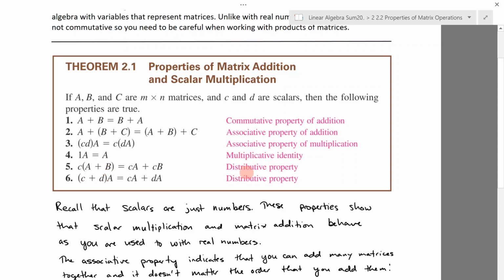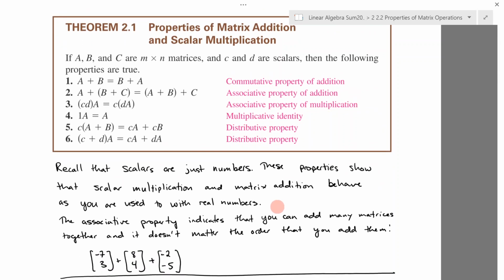So these properties we're already familiar with, and they carry over to matrix addition and scalar multiplication. So basically, these operations behave as you're used to with real numbers.